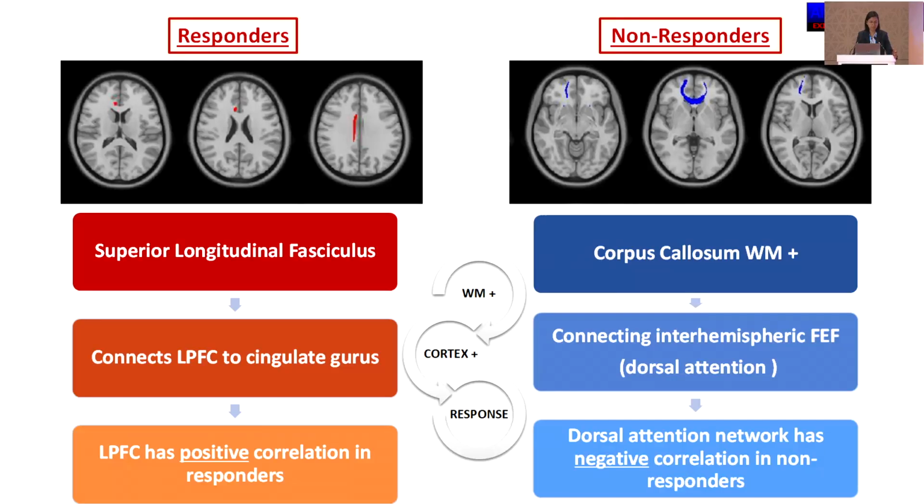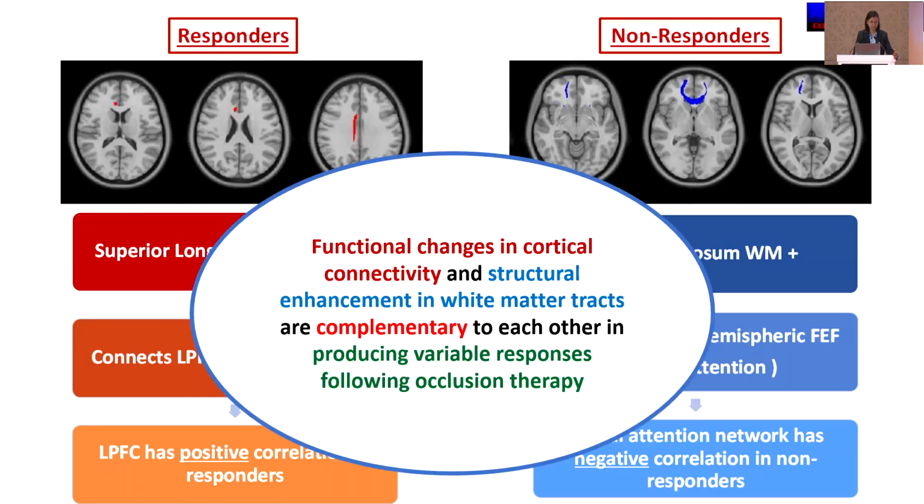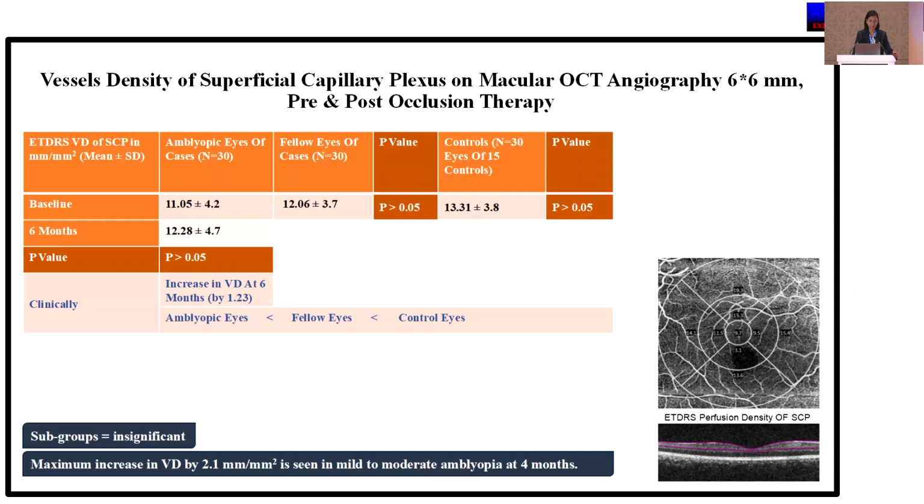These respective white matter tracts connect inter and intrahemispheric cortical networks, which further enhances the positive and negative correlations with the visual functional areas. So the selective functional changes in the cortical connectivity and the selective structural enhancement in the white matter tracts are complementary, producing the variable responses following occlusion therapy.